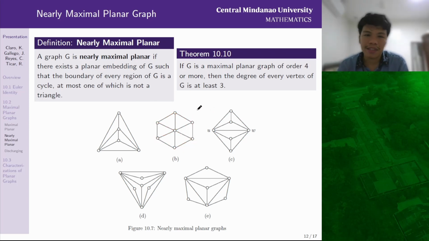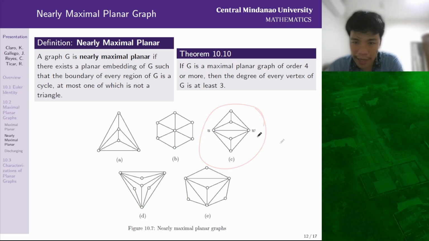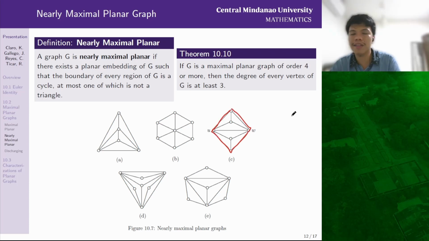So that's why ni satisfy siya nga ang kaning B nato nga graph is nearly maximal planar graph. Now, so about this one, again, atong ipang point out, kani sila, kani. Notice that ang itong mga form dira kay triangle gyud sa tanan, no? Except again sa atong outer, which is kani, outer region, which is not a triangle. It satisfies nga it is nearly a maximal planar graph.